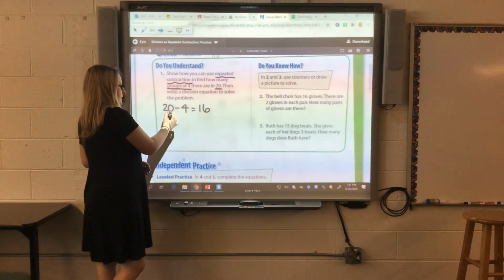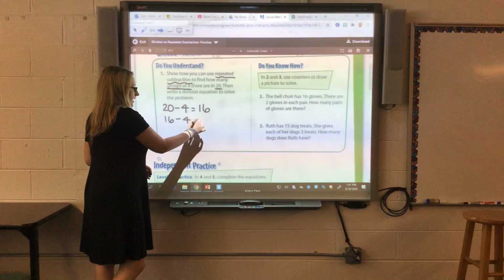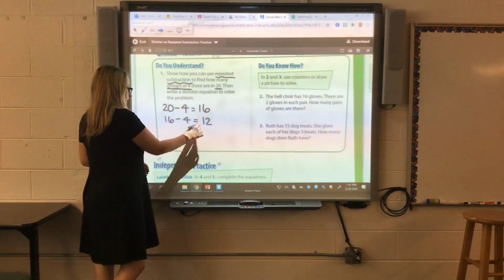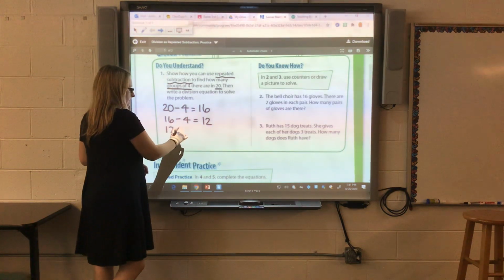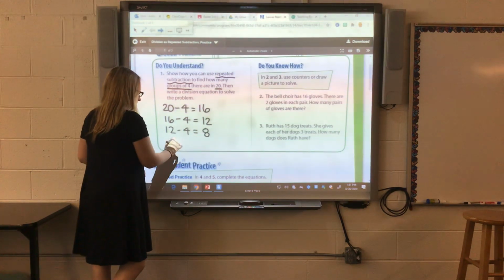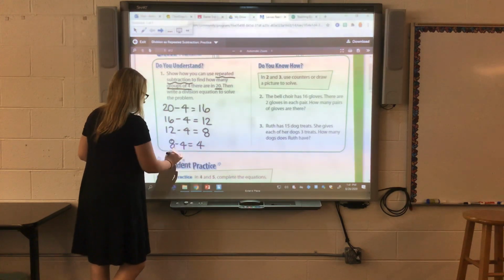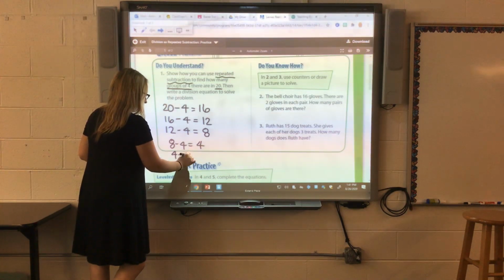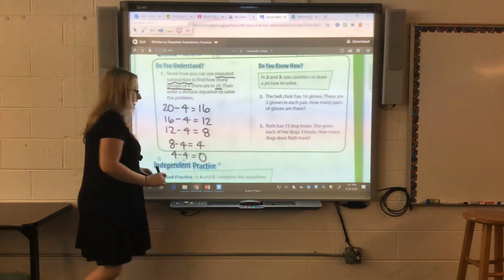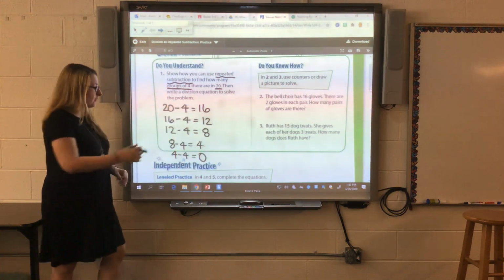Then I'm going to bring my 16 down, and I'm going to keep taking away 4 until I reach 0. Then I count up how many times I took away 4.